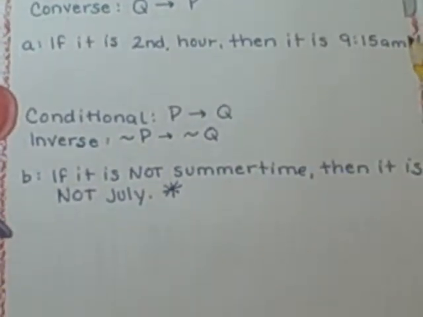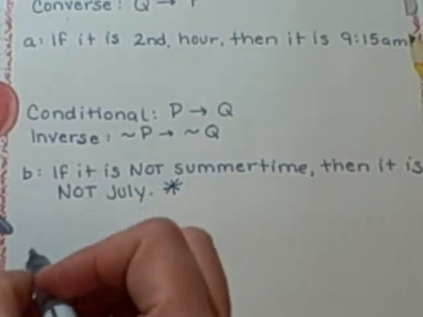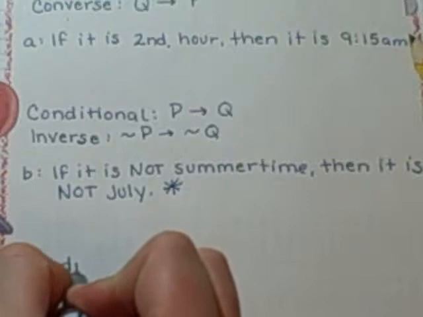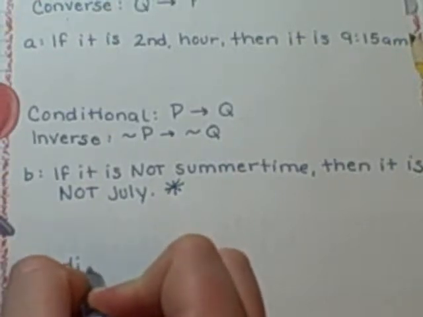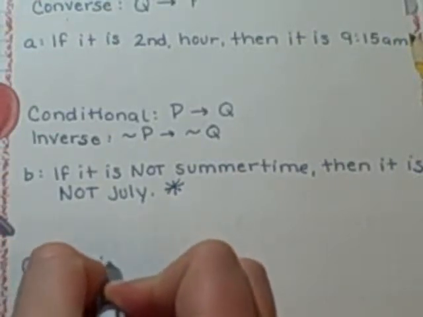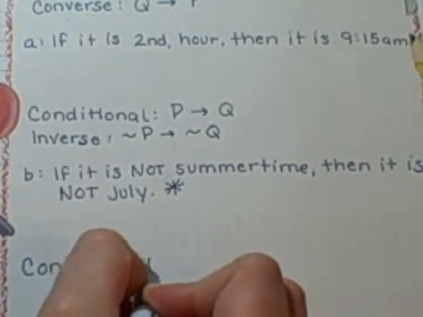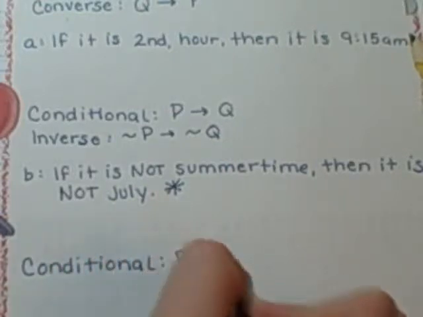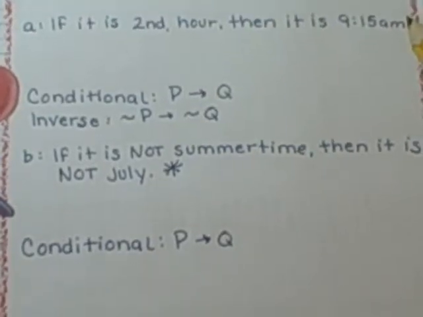Okay, on to letter C. Again, my conditional is P then Q. And I'm just putting that so you can compare it to what the contrapositive looks like.